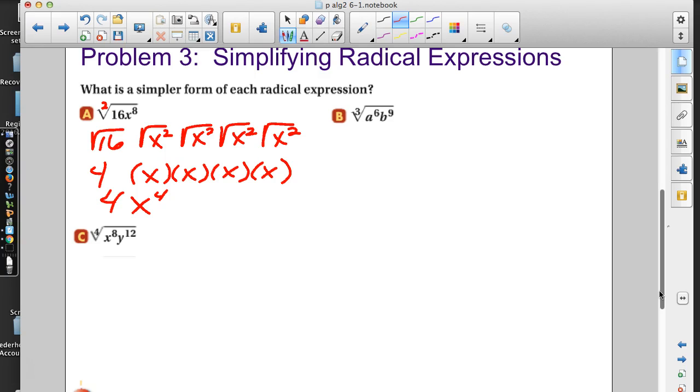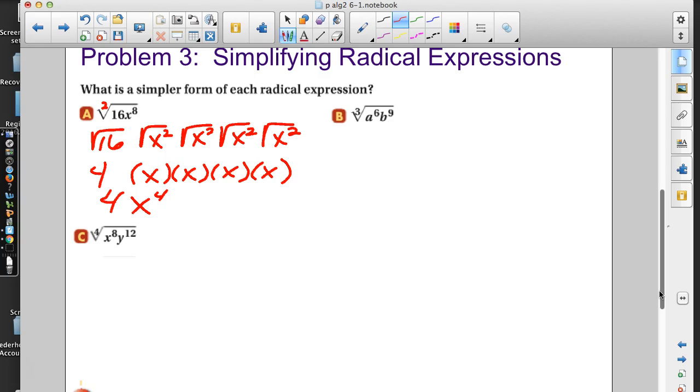No matter what we put in for x to the 8th, we were guaranteed this was going to be positive and it was something that we could do. In our answer, we are still guaranteed this is positive, it's going to be something that we can do. So why do we do that? Because we must have the same domain that they began with. That means if somebody's writing a problem, they are thinking in advance about what numbers you could use in that formula. And we need to keep that all the way through the problem, even when we simplify it.